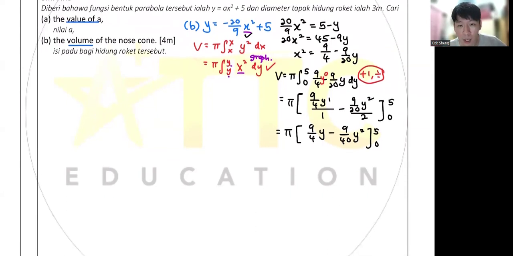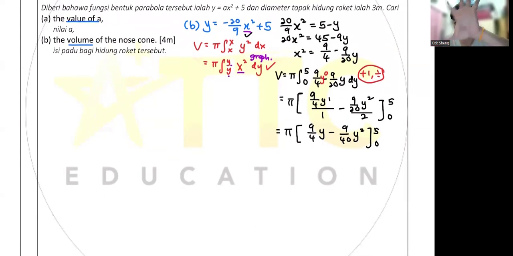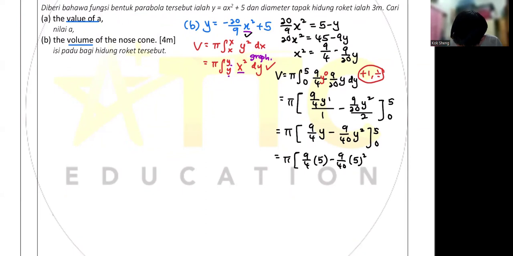Okay, we can now sub the 5 and 0. The 5 first, the big one, minus.